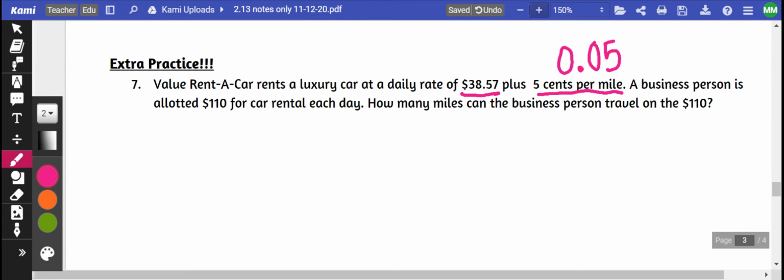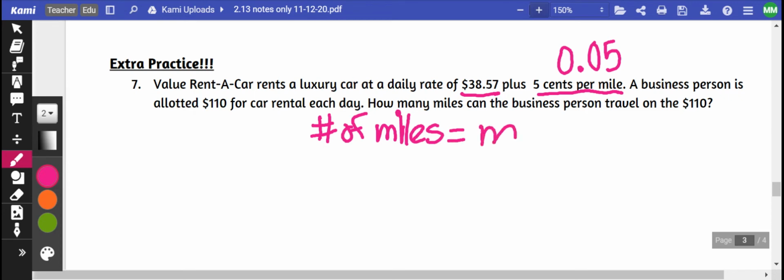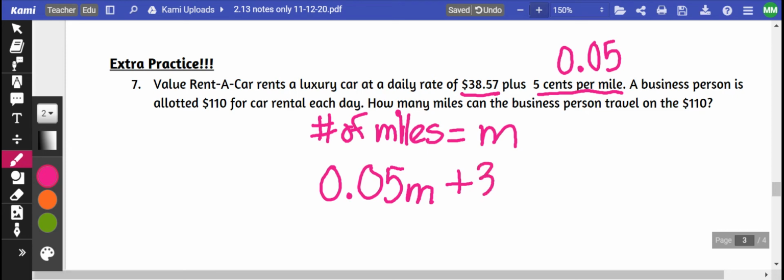The first thing we want to do is say our variable. So this is going to be the number of miles. So we'll go with M. And I know that we're going to have 5 cents for every mile driven. We also have a cost of that, and it says the plus, so that tells us that we're adding those two together.